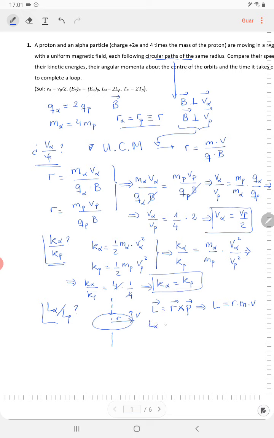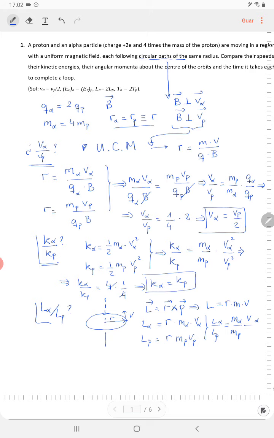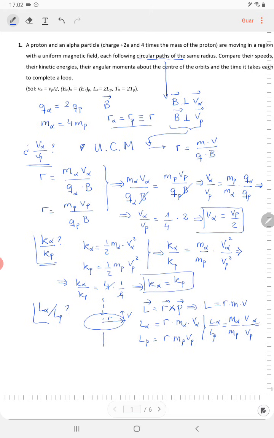For the alpha particle, this is r times m alpha times v alpha, and for the proton, r times m proton times v proton. So L alpha divided by L proton is equal to the ratio between masses times the ratio between speeds. This is 4 times 1/2, so it is 2.